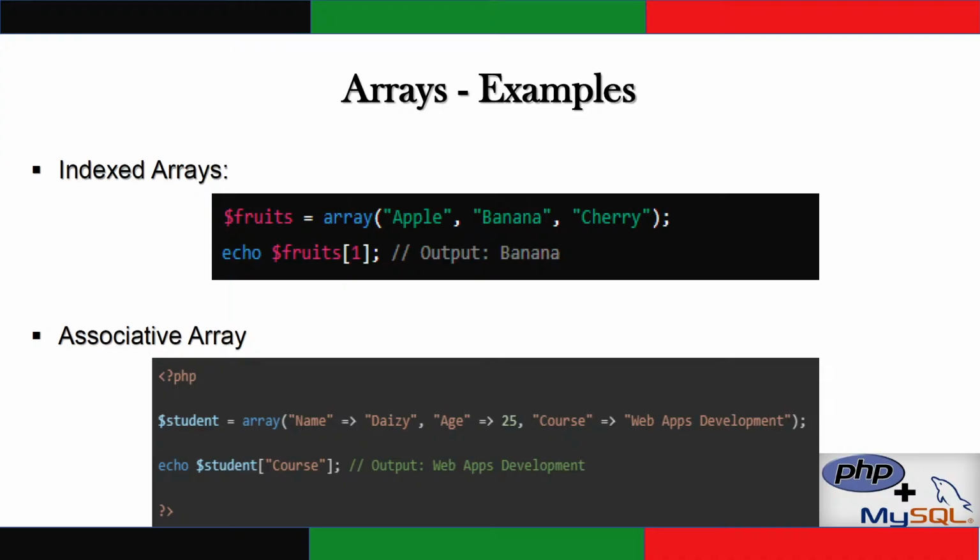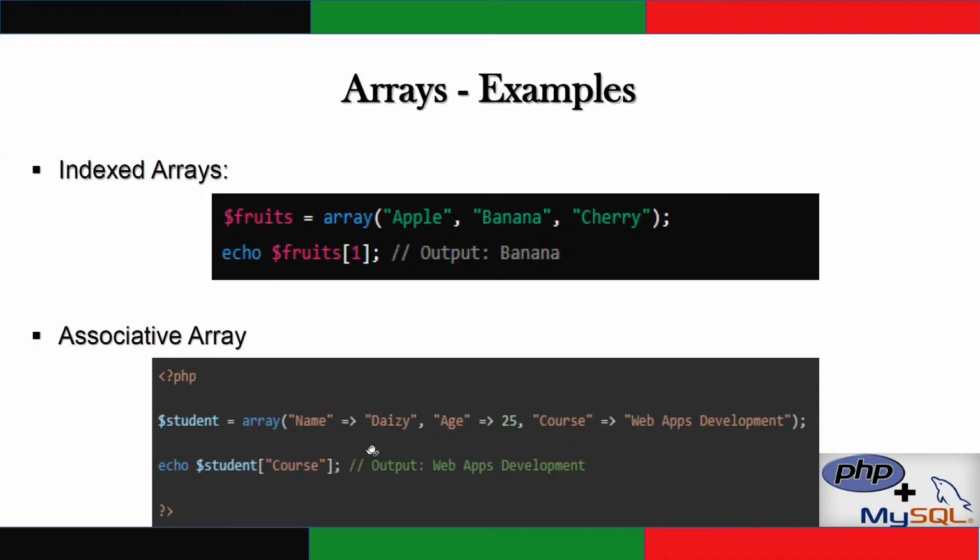If I want to access the student at position 1 or bed number 1 in that room, I call the name of the room and pass in 1, in case that's how I have indexed them. When it comes to an associative array, it's going to be a little different.